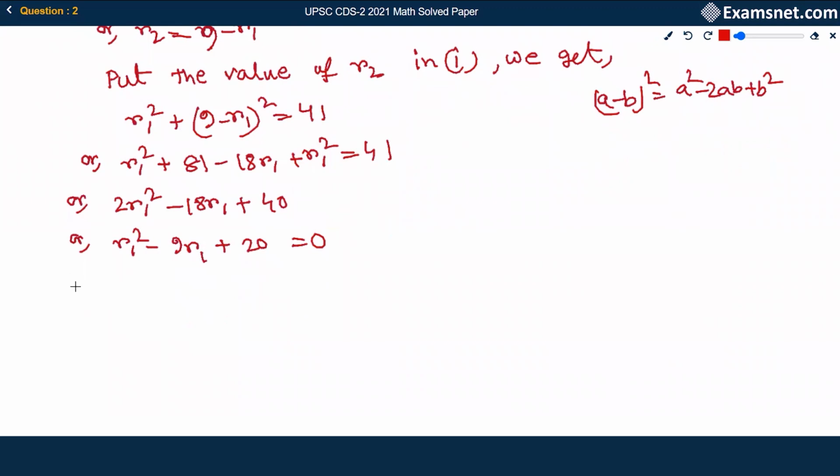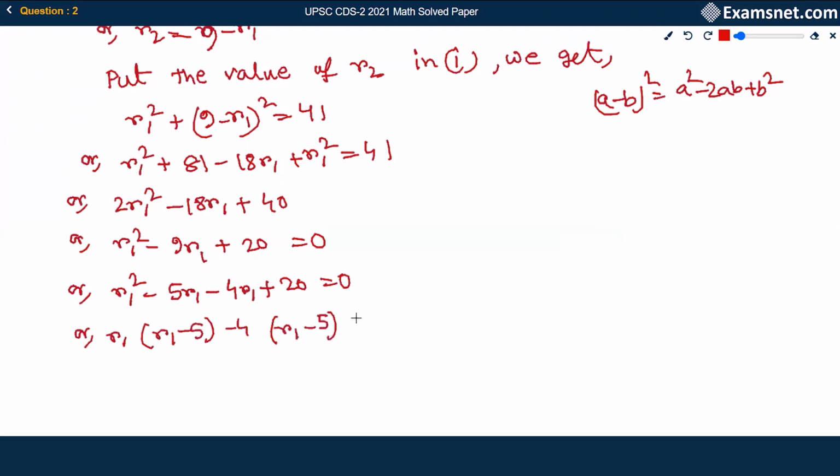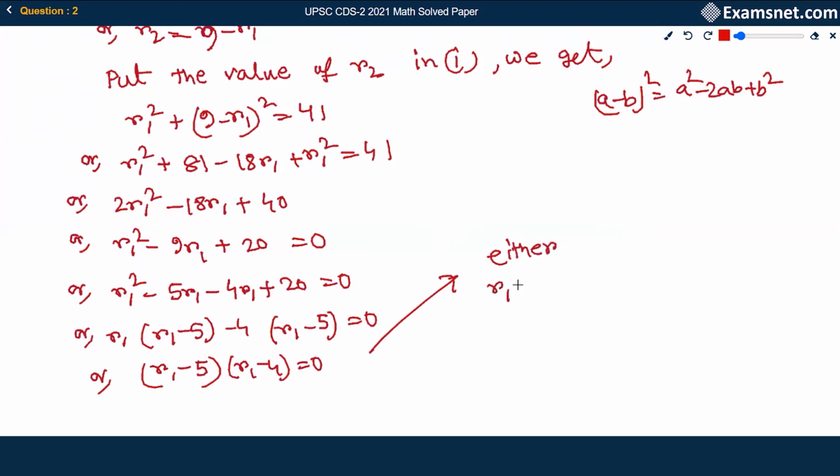So we got R1 minus 5 into R1 minus 4 equals to 0. So either R1 minus 5 equals 0 or R1 minus 4 equals 0. That means R1 equals 5 or R1 equals 4.